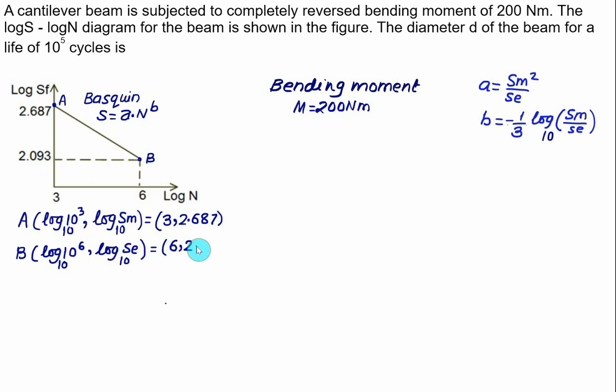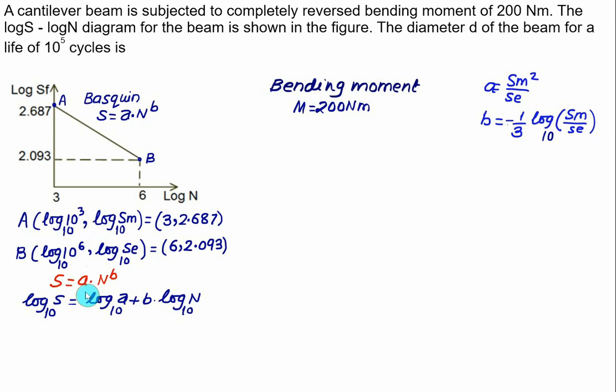The log value of SE is 2.093. So we'll use the Basquin equation, S equal to A into N to the power B. Take log on both sides: log of S to the base 10 equals log of A to the base 10 plus B times log of N to the base 10.